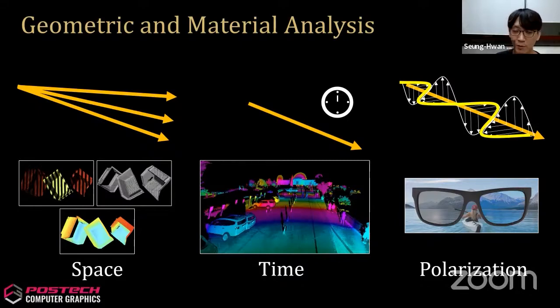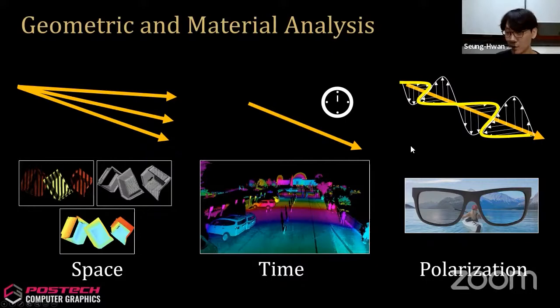And space, of course, means that the light could be propagated into different directions. Time means that light has a finite speed, so we can measure its travel time. Polarization is the wave property of light related to the oscillation pattern of the electric field. And from all of these different properties, we can extract different information about the scene, right?